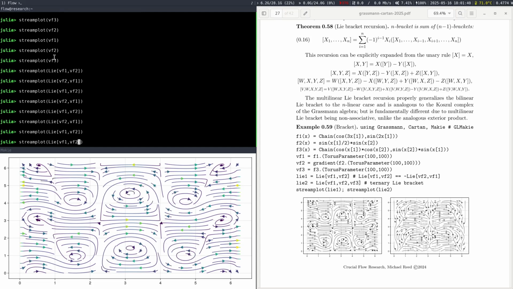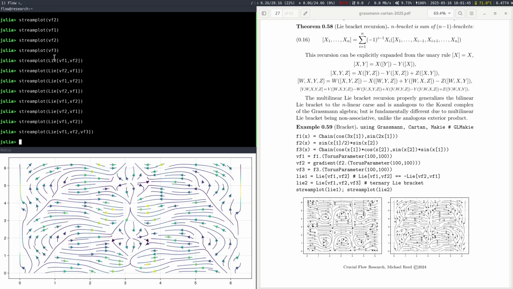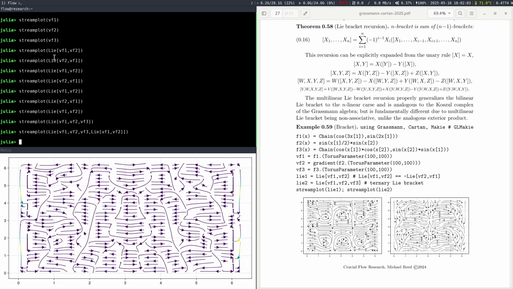And not only that, but we can make a ternary Lie bracket. Okay? And it's not restricted to ternary. It can take another one as well, like, do it like that.